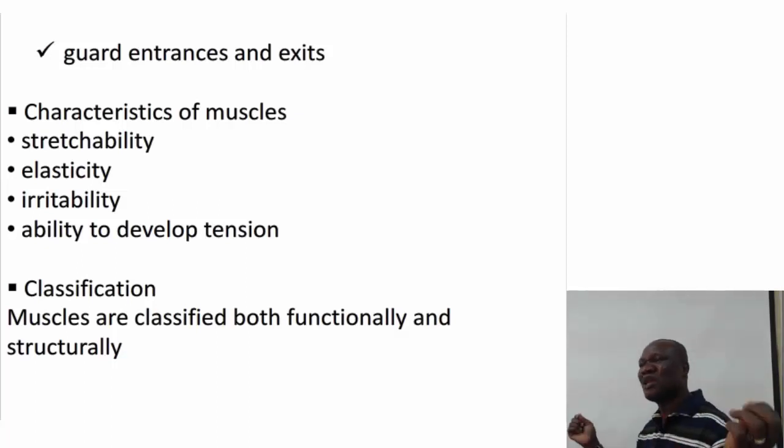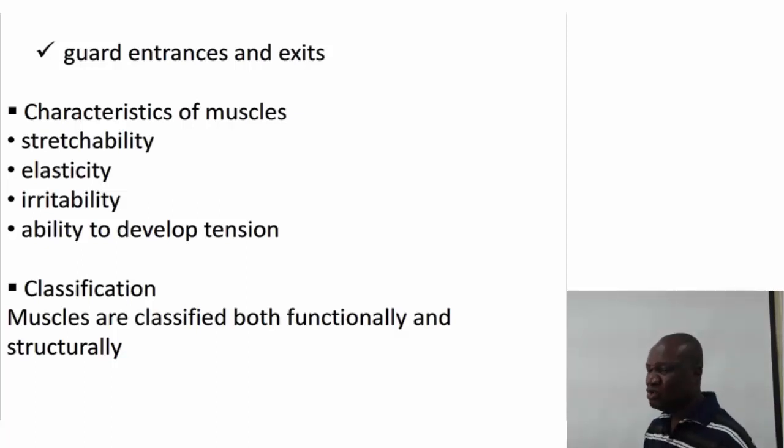If you stretch plastic, it can't go back to its original length. But an elastic will go back to its original length. Then muscle is irritable, meaning muscle will respond to a stimulus. It responds to a stimulus. And muscle do develop tension. When they are stimulated, they develop tension.